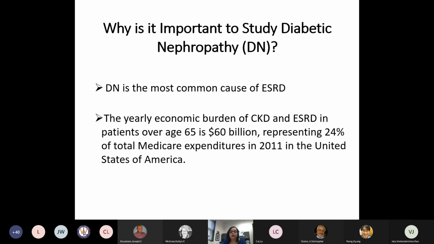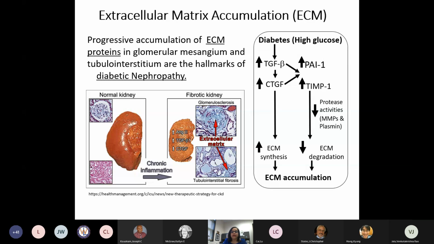It is one of the most common causes of end-stage renal disease, and it carries a huge economic burden. During diabetes, there is an increase in the synthesis of extracellular matrix proteins and a decrease in the degradation of ECM proteins.